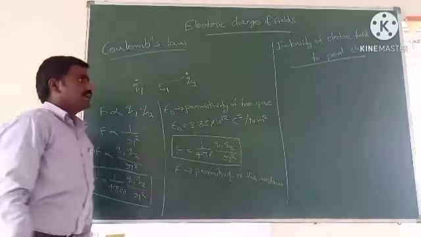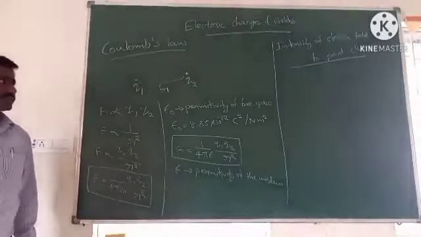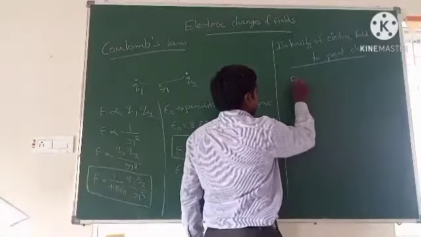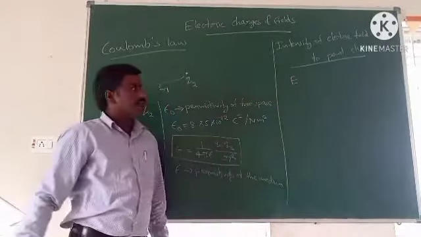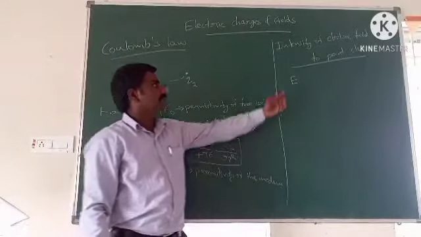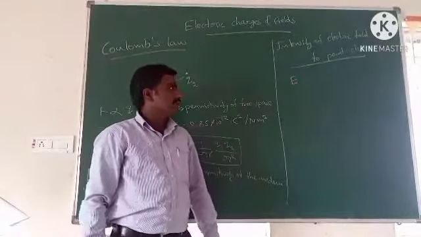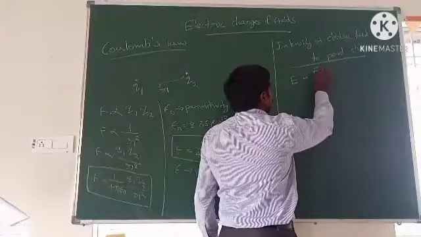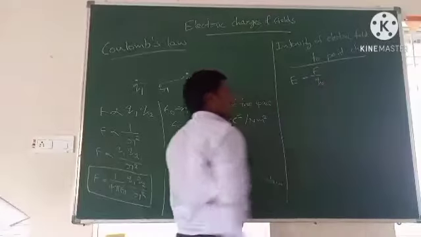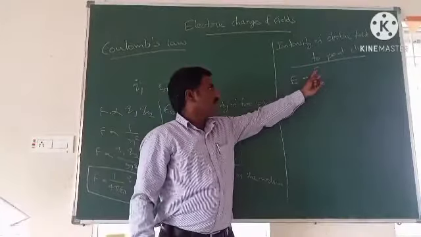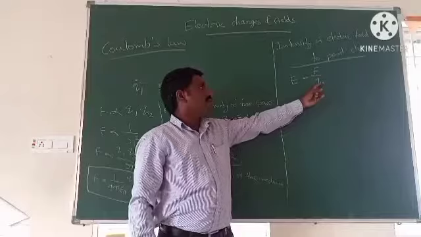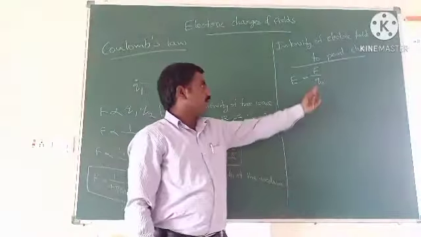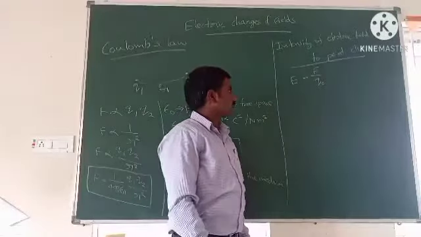Intensity of electric field is represented by E. The definition of intensity of electric field is force per unit positive charge. Force per unit positive charge is called intensity of electric field, where Q0 is the unit positive charge.